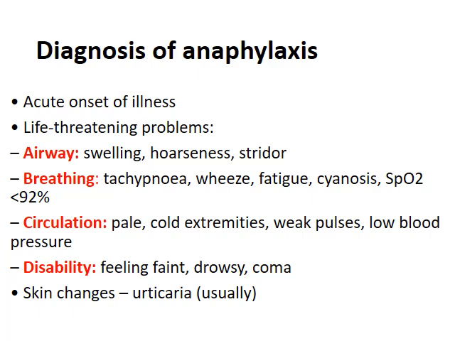So I have to check A, B, C, D, E. Okay? A, swelling of the airway will cause hoarseness, stridor, the patient is struggling, respiratory distress. Breathing will show tachypnea, wheezing, fatigue, and cyanosis. Saturation will be less than 92%. If circulation is also affected, he is pale, and we have hypovolemia because there is distributive shock.